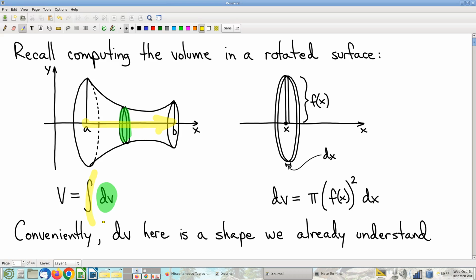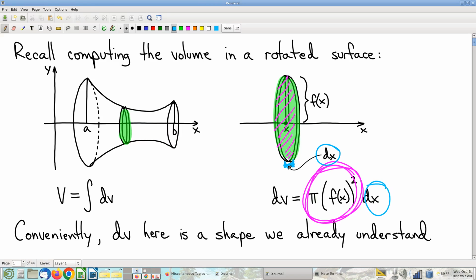Big picture strategy. Now how much volume is there in this piece, which I'm blowing up here? Well, the amount of volume in that piece is not too hard to see, it is going to be the cross-sectional area times the thickness, and that thickness here, this width, you might say, is dx.